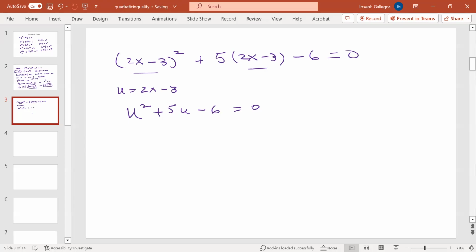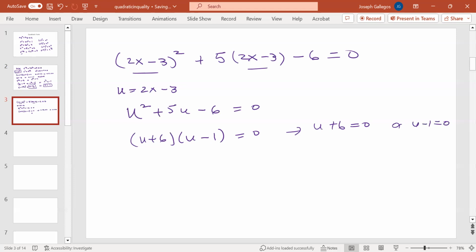And again, we can use our factoring technique. What are the factors of negative 6 that combine together to give 5? It would be a positive 6 and a negative 1. So this will factor as u plus 6 times u minus 1. And setting each factor to 0, we would have u plus 6 is equal to 0, or u minus 1 is equal to 0.